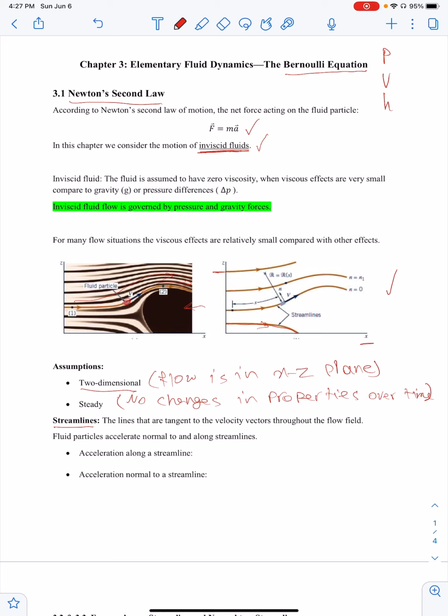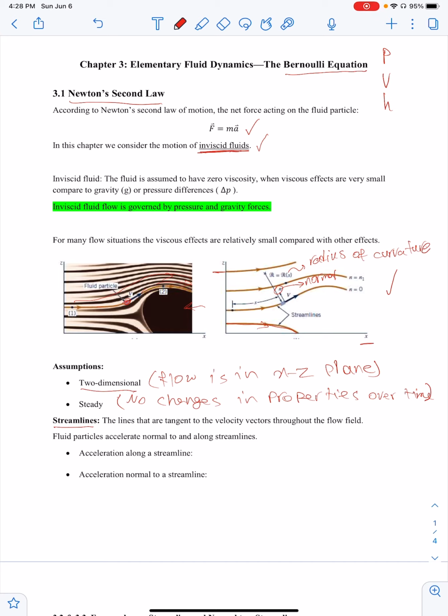And the R right here is the radius of curvature. The velocity can be tangent to the streamline, and it also can be normal to the streamline. These are the definitions that we need to use in this chapter.